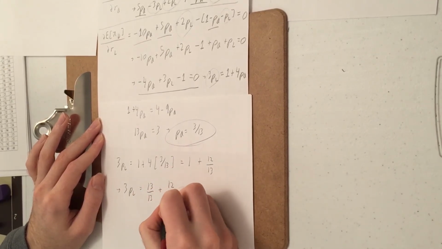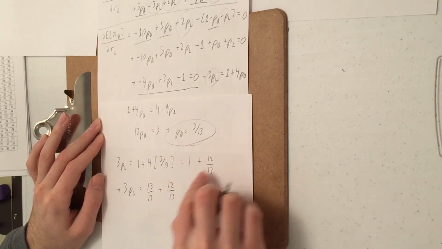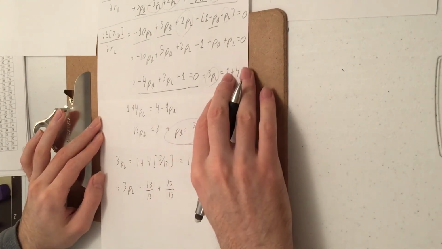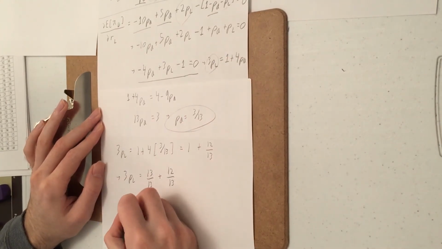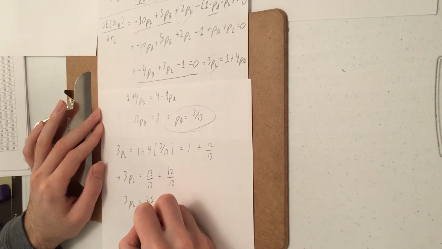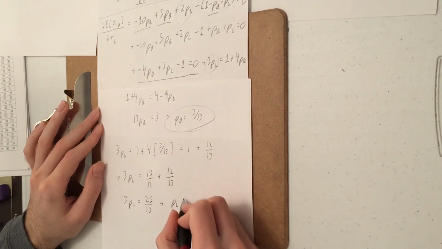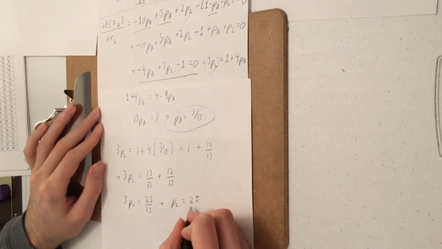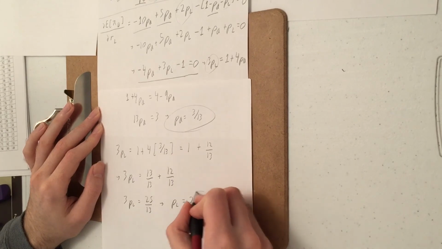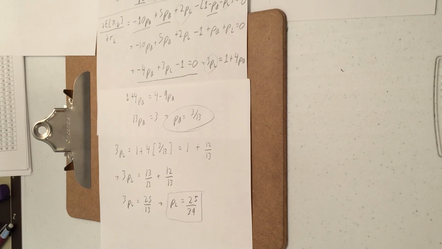Just to get a common denominator, 1 is 13 over 13. I still have 12 over 13. 3PL is 25 over 13. Divide both sides by 3, and you get that PL is 25 over 39. So that's how you find the randomization the players use in the Nash equilibrium.